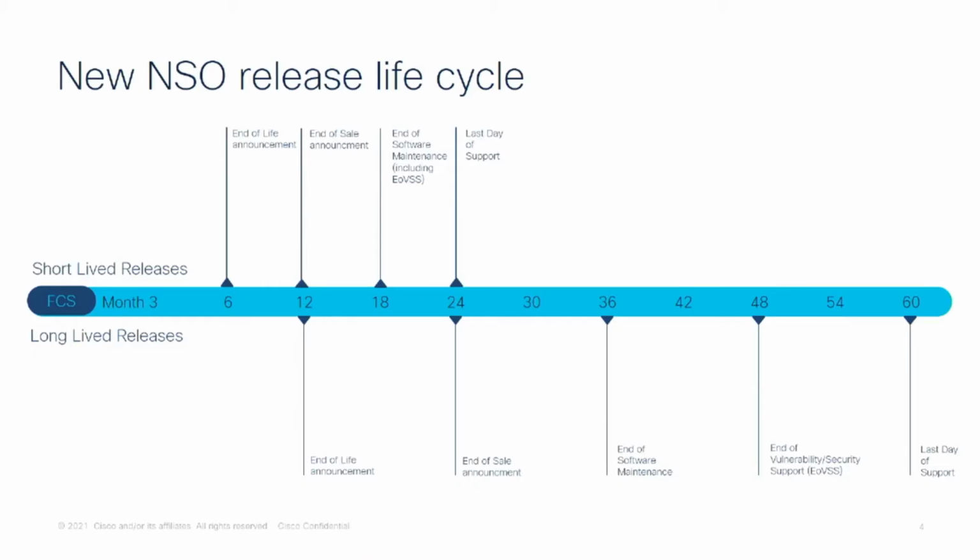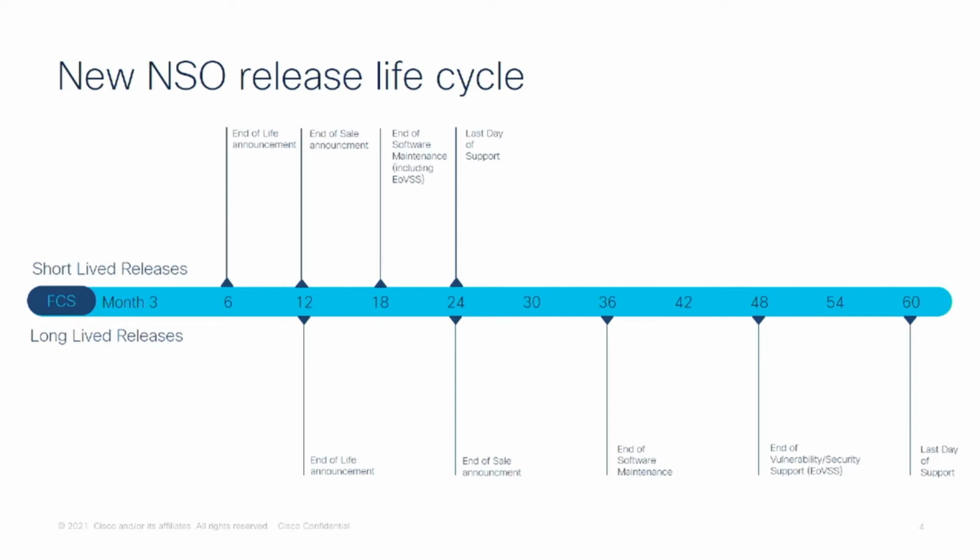I would like to stress one more thing before I hand over to Martin, and that's our new NSO release lifecycle. Those of you who've been using NSO for a while know that we have a release cycle where we end software maintenance after 24 months. That's the point when we stop doing bug fixes and NED enhancements.